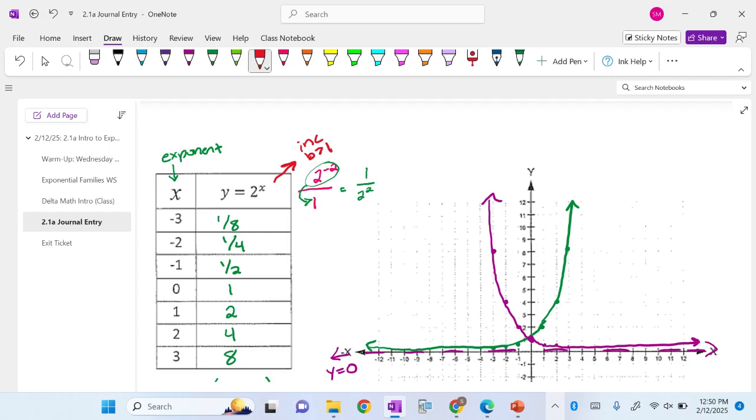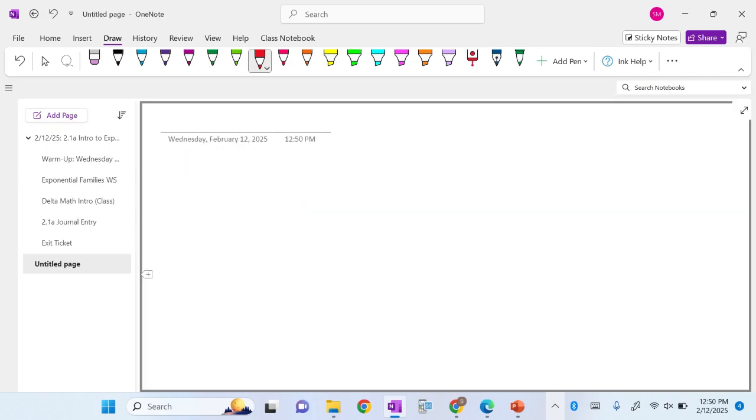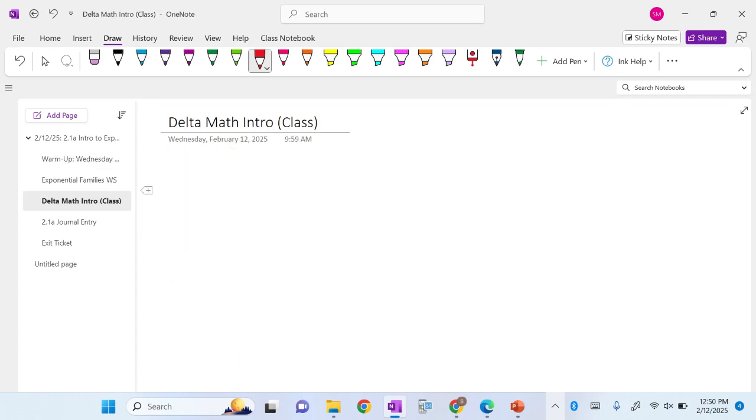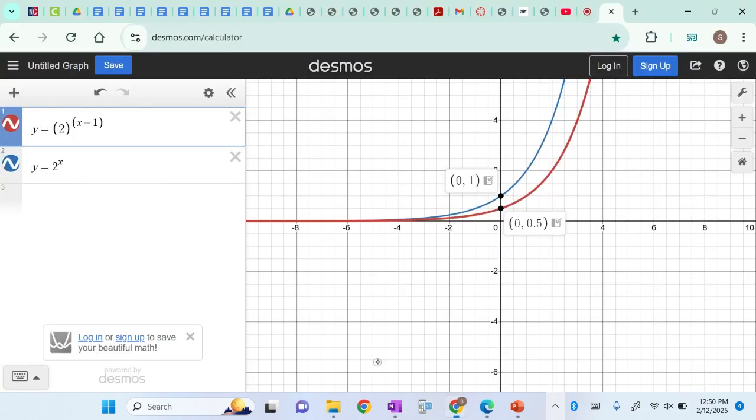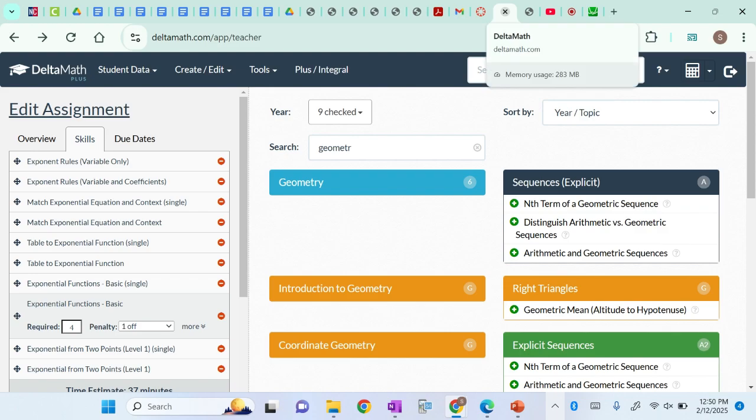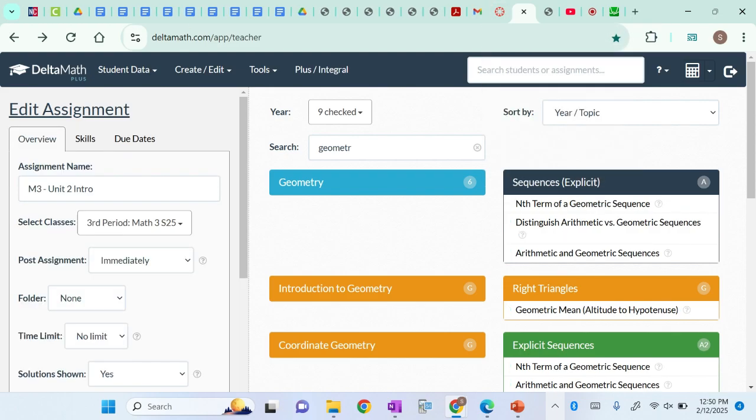All right, the very last thing that we're going to do together as a class is you do have a very short Delta assignment that introduces exponential functions. So basically what we've been talking about today. But there's a couple of problems that I want us to go over together as a class. I want you guys to log on to Delta Math and select the one that says Math 3 Unit 2 Intro.